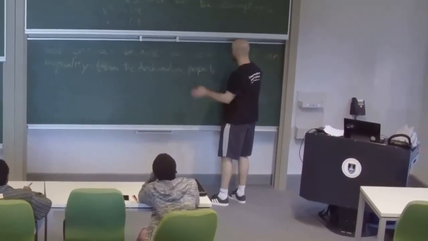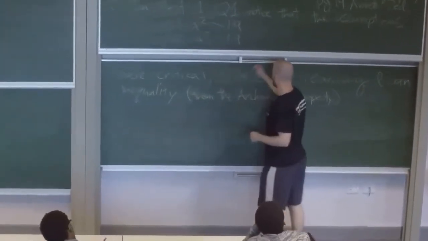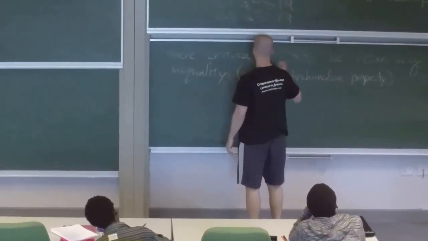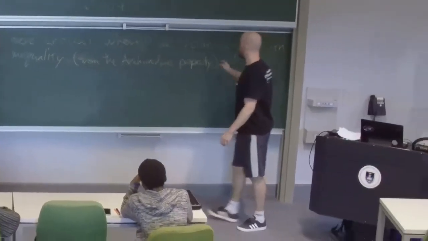Maybe I should say when we rearranged an inequality. Sorry about this. I know you hate when lecturers or tutors do this, but here we are. They're critical when we rearranged an inequality from the Archimedean property.